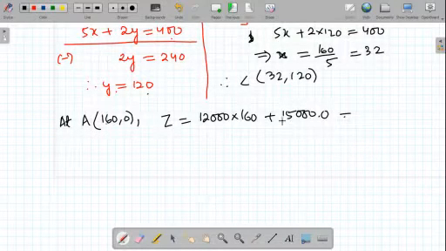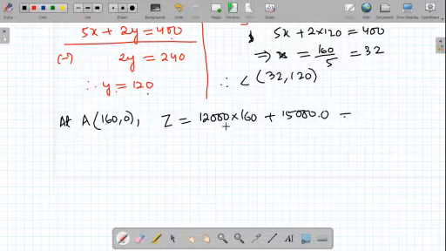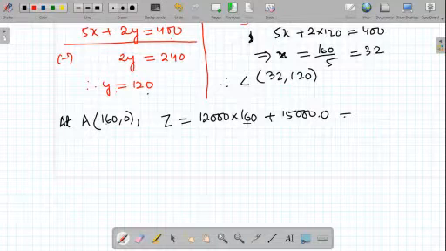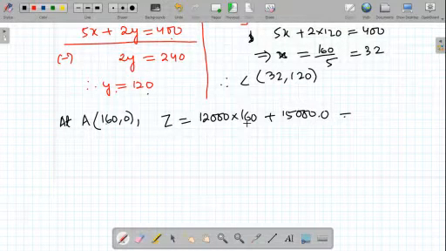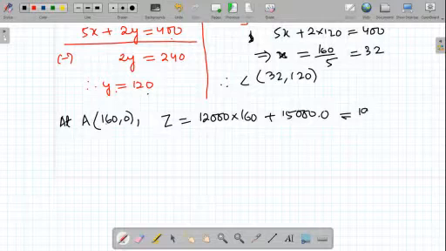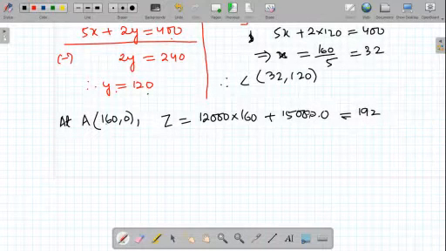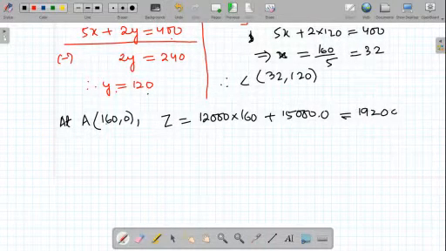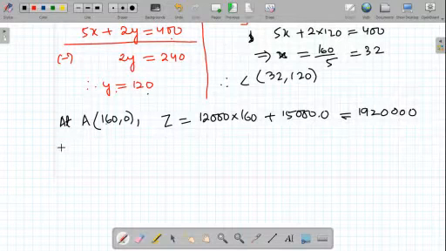So this part will be 0, and this will now be 16 into 12, which gives 192. And how many zeros? 1 2 3 4, right?